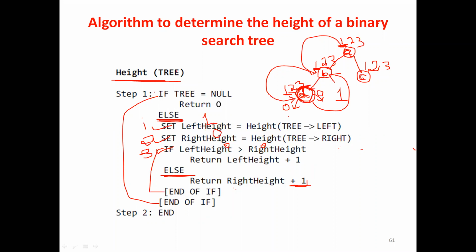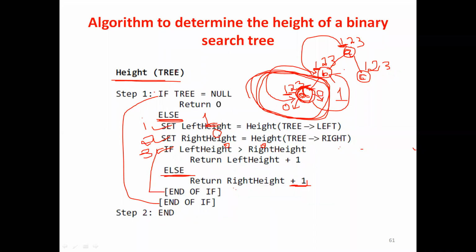Now I have to execute step 2. What is step 2 here? From this, what did I calculate? I calculated node B's left subtree. The height of node B's left subtree is nothing but 1. I hope you can understand now. Node B's left subtree is 1, and that is stored in the left height.